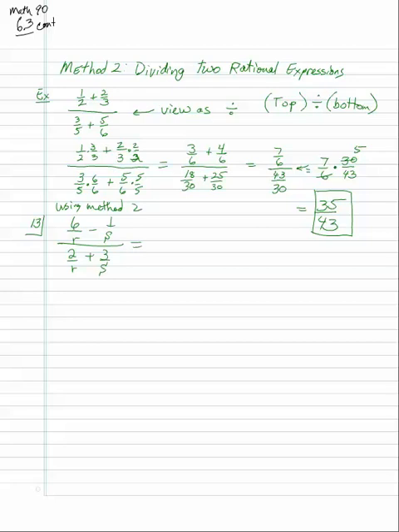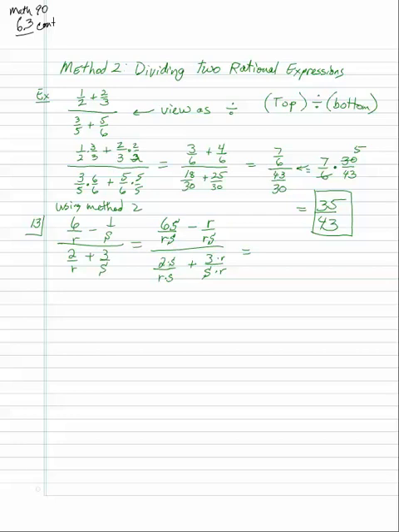So that's going to be equal to 6s over rs. When I get common denominators on the top, it'll be r over rs, and common denominators on the bottom. So I want rs.